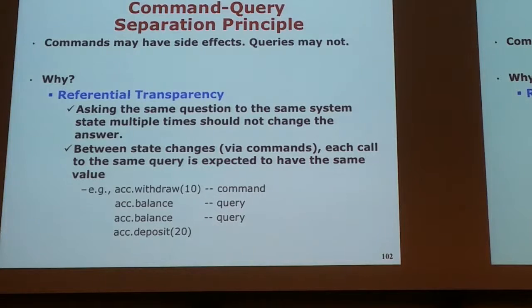So if you're referring to this particular query here, its value should be transparent. It should be substitutable by whatever the current balance is. Let's say if the current balance is actually 10, for example, you can simply substitute this account balance by 10 in these two cases without making any error. That means the balance should not make any changes to the state.